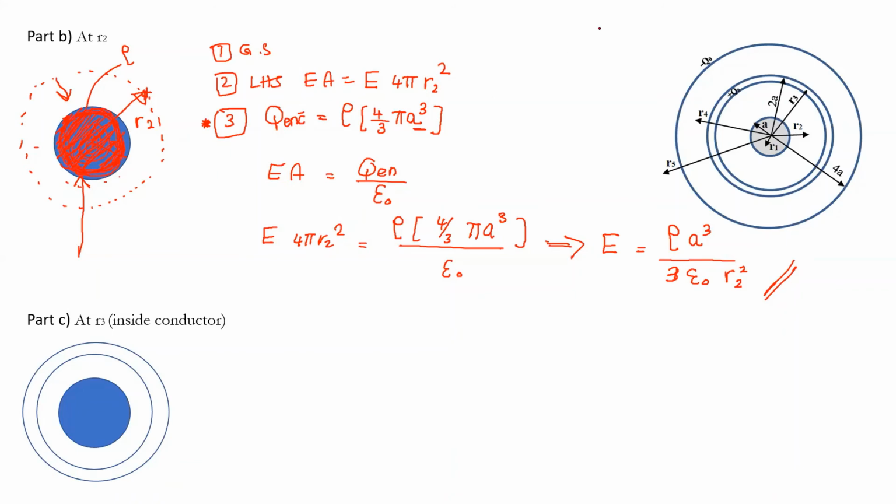So what we had to do was get the charge inside this insulator. That's the only place where we have charge. So how to get the charge in this? You multiply rho by the volume of this.